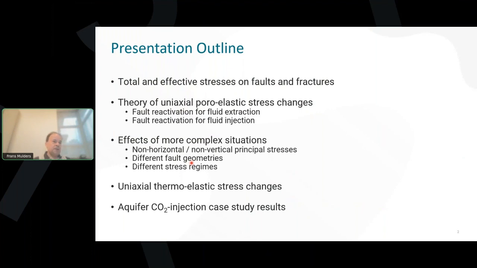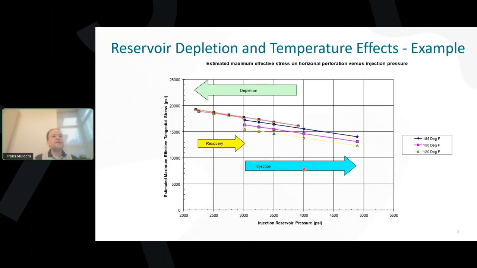Different stress regimes, normal fault, strike slip stress regimes, all play a role. Then I go to thermoelastic stress changes, and I will present in between, not only at the end, sometimes a case study result. So bear with me if you already know some concepts, but I hope that a lot of people will finally realize, oh, now I finally know what's behind all this, right?